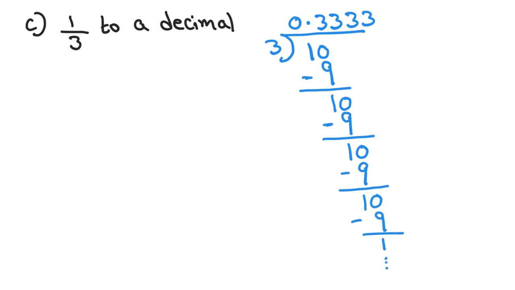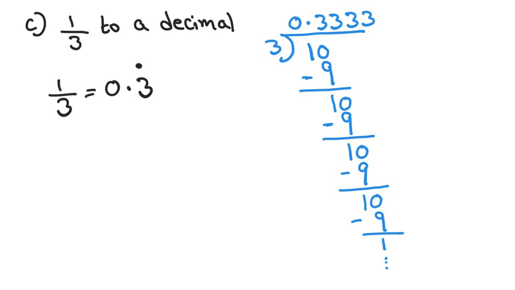So we can say that 1 over 3 as a decimal is 0.3, where 3 is recurring, and we show that 3 is recurring by putting a dot.